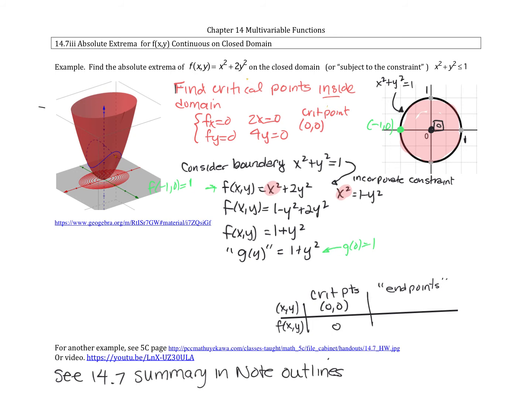That only works, so these are interchangeable. This is simpler, but these are interchangeable if I'm on the boundary. If I'm not on the boundary, for instance, let me just take this point, (0, 0). These are not interchangeable then, because for (0, 0), this function here, f of (0, 0) equals 0, but g when y equals 0 is 1.